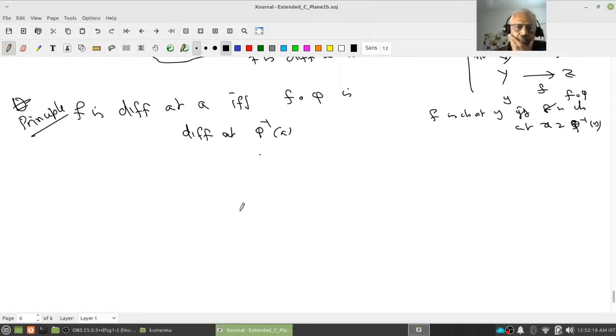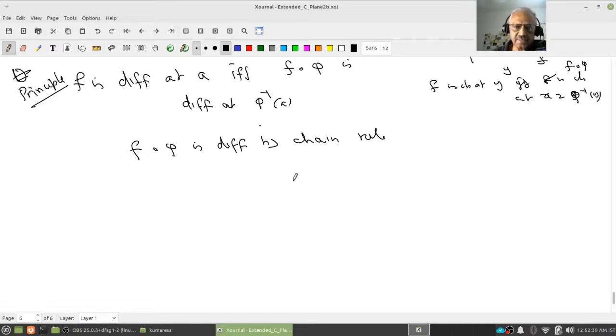The proof is extremely easy. If f is differentiable at a, then f composite phi is differentiable by chain rule at phi inverse a, the point which corresponded to this.